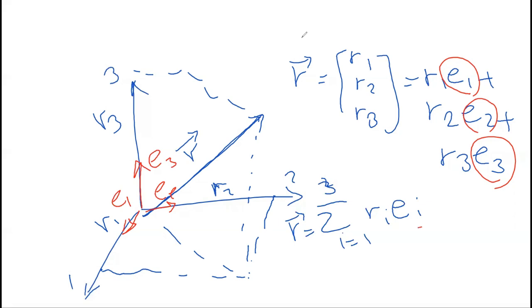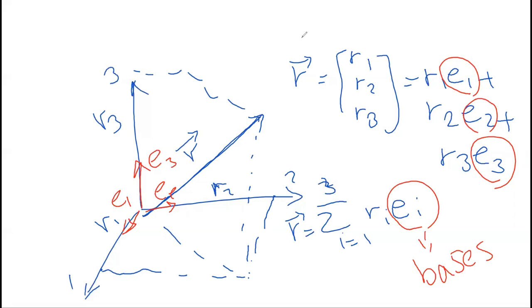These unit vectors are bases, or base functions. They show how large the contribution of the vector is along each axis.